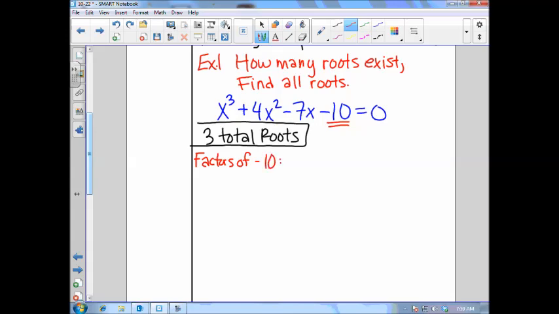Okay, on your paper, go list the factors of negative 10, all of them, positives and negatives. Positives and negative factors of negative 10. Okay, turn to your neighbor and tell them your factors.